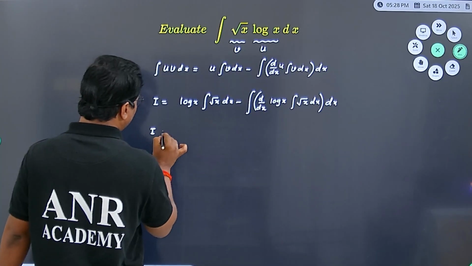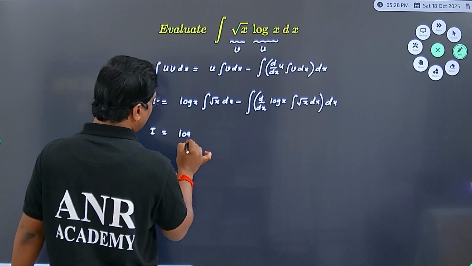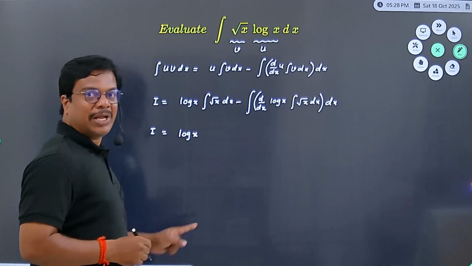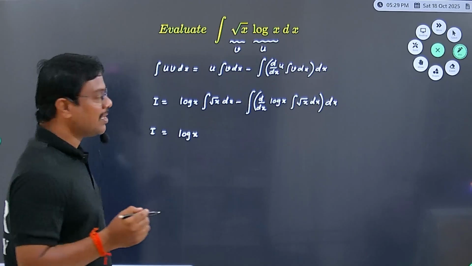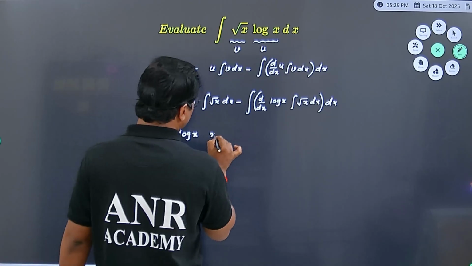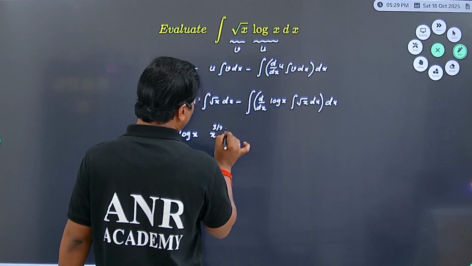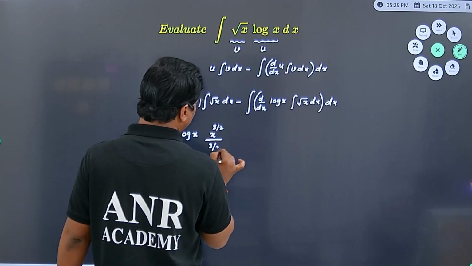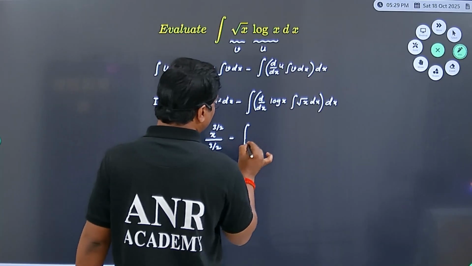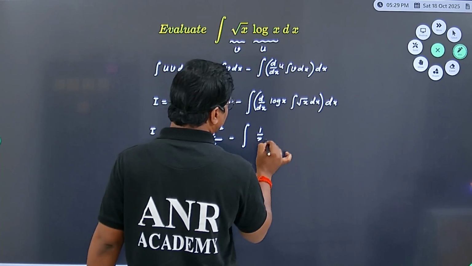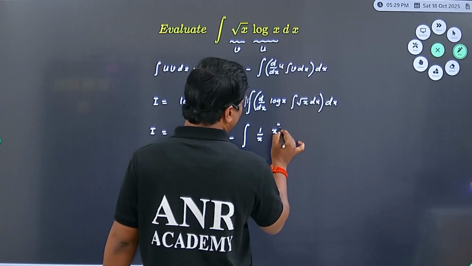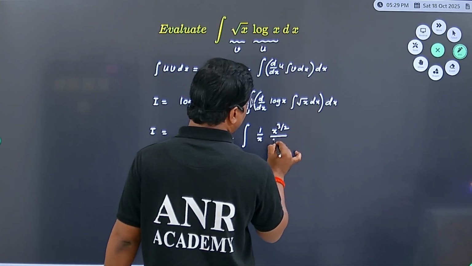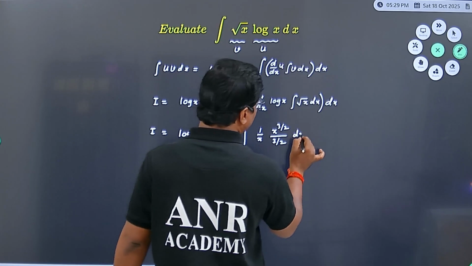Now the value of I equal to log x. Next root x integration, x power 1 by 2 integration is x power 3 by 2 by 3 by 2. So it is x power 3 by 2 divided by 3 by 2. Next minus integral log x derivative 1 by x. Next root x integration x power 3 by 2 divided by 3 by 2 it is.